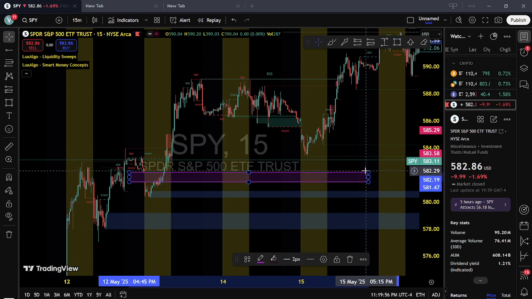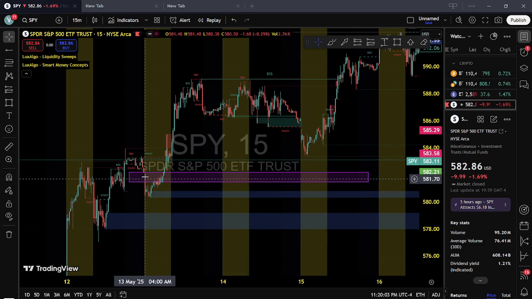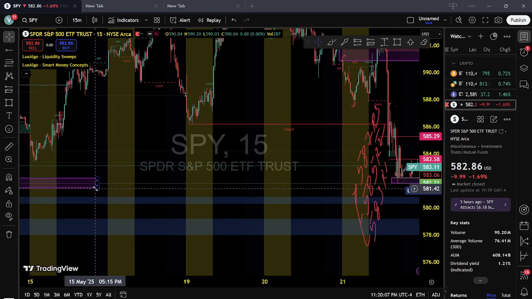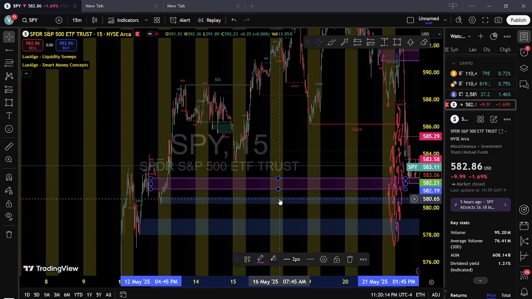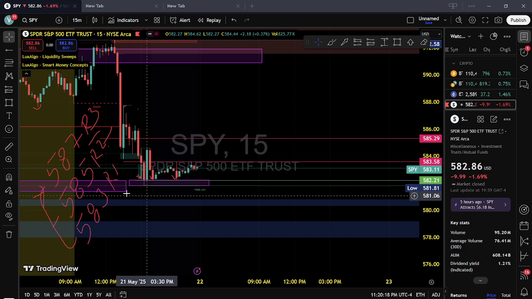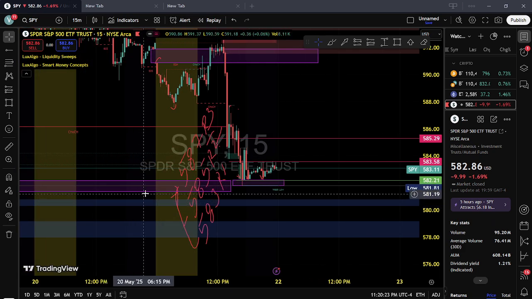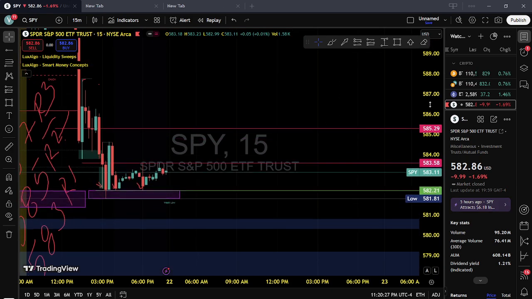So look at this particular rectangle now, 581 to 582.14, right? Because this has a gap down, and now the market is trying to fill this particular gap. Let me increase this. Fill this particular gap, right? So that's the reason we see some kind of bounce over here. So the next level, what I'm thinking, is this 580.